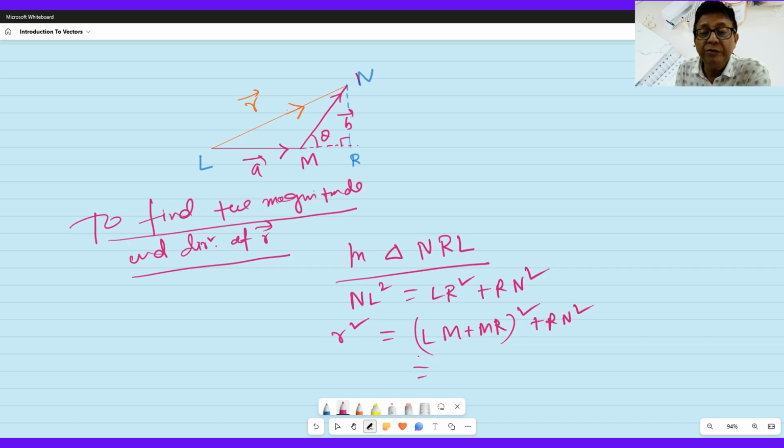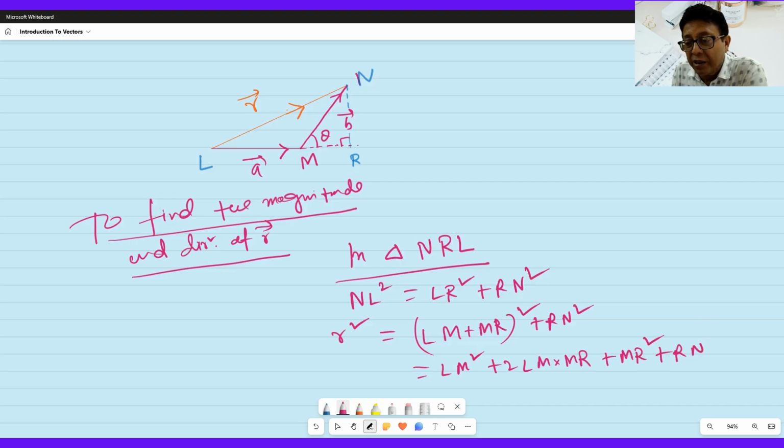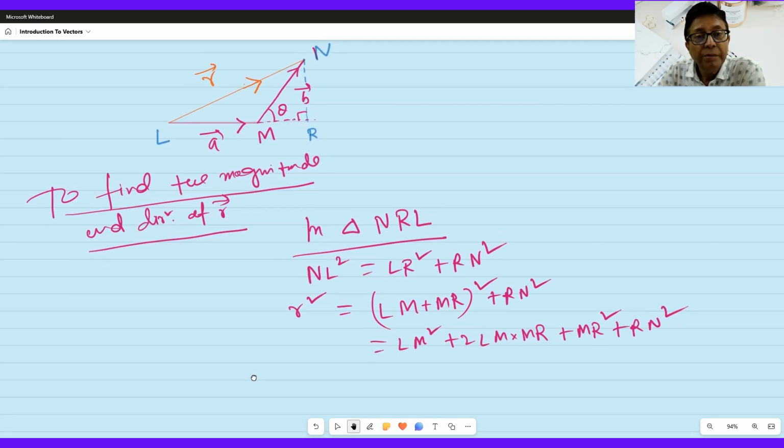See, our aim is clear. We just want to find the magnitude. Use Pythagoras theorem. Twice LM into MR plus MR square plus RN square. So this is going to be LM square plus 2 LM into MR. We don't want to keep it in terms of MR. We will change it.